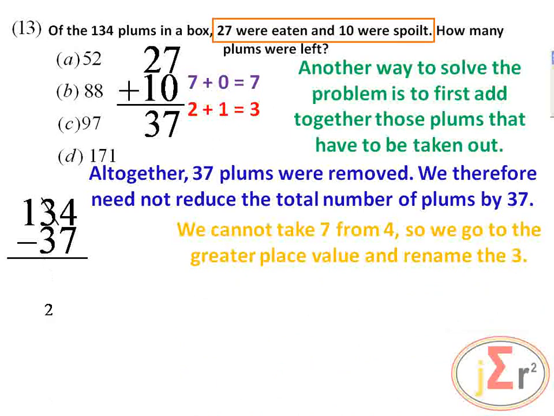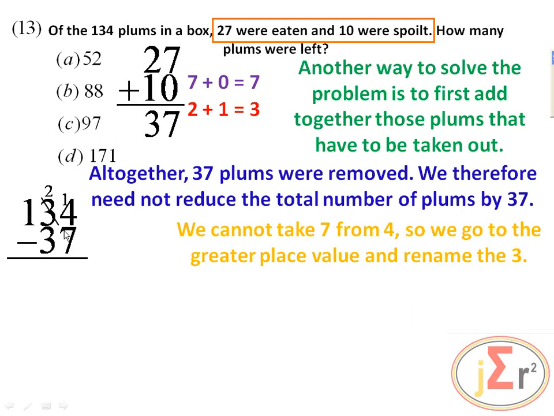What will happen? 2 goes there, and do not forget that the place value to the left is always 10 times the present place value. So we are actually taking 1 from here, but because it is 10 times this place value, it is placed here as 10. Not only that, we are adding the 10 to the 4, and we have 14.